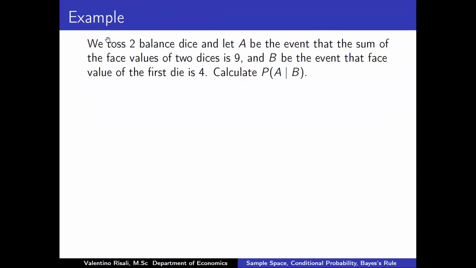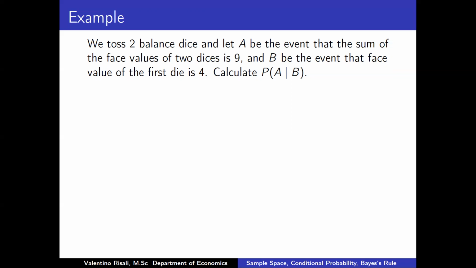For the first example, consider the experiment of tossing two balanced dice, and we have two events. Let A be the event that the sum of the dice is 9, and B be the event that the value of the first die is equal to 4.